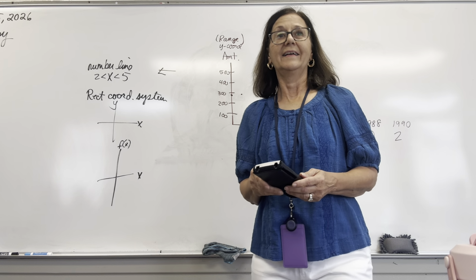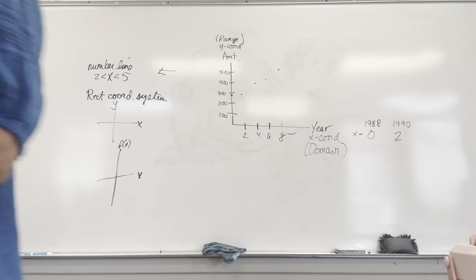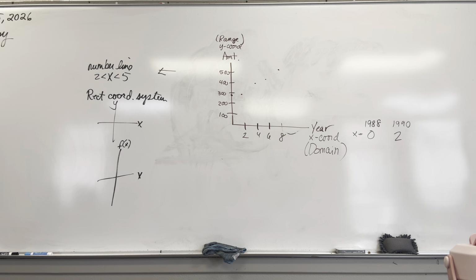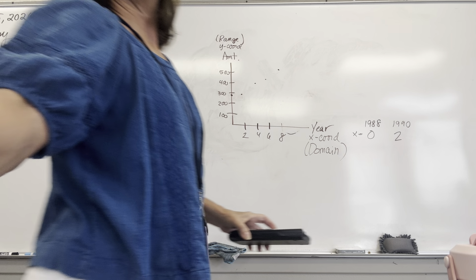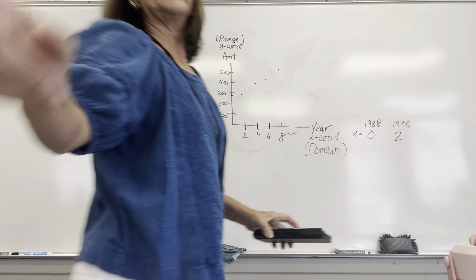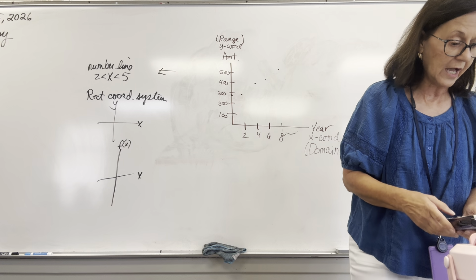I accidentally got rid of my list one. Okay, it's fine. Just enter the numbers in list 2. We'll just have to make a change. So your X values are going in list 2. Your Y values are going in list 3. All right. Everybody else go to list 2 and put the shoe sizes.